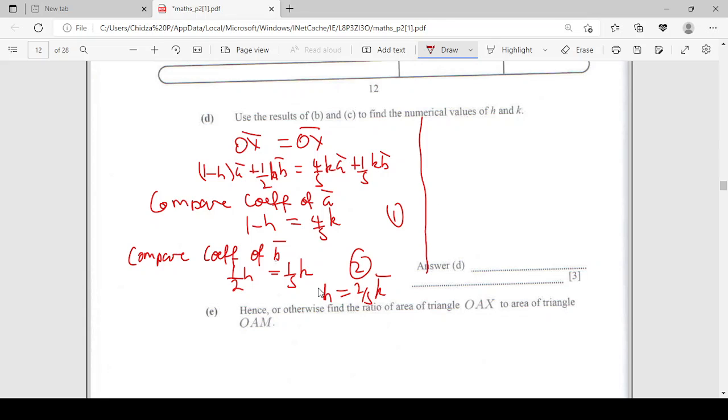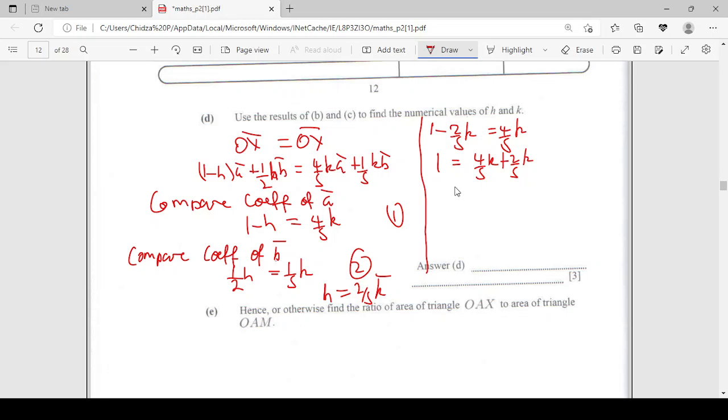to substitute this h into 1, so that you have 1 minus 2/5 k being equal to 4/5 k, and you have 1 equals 4/5 k plus 2/5 k.